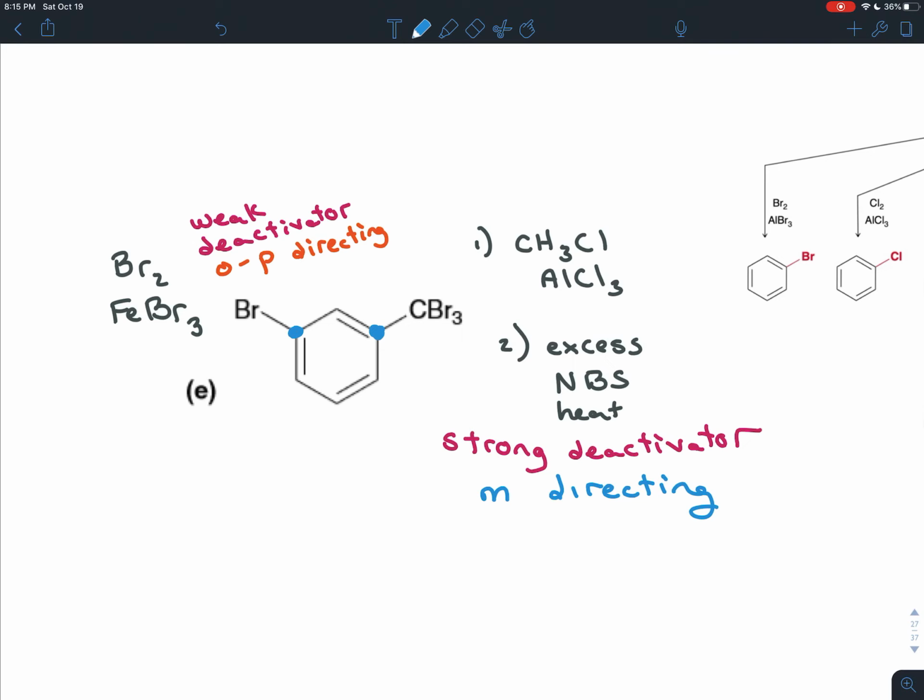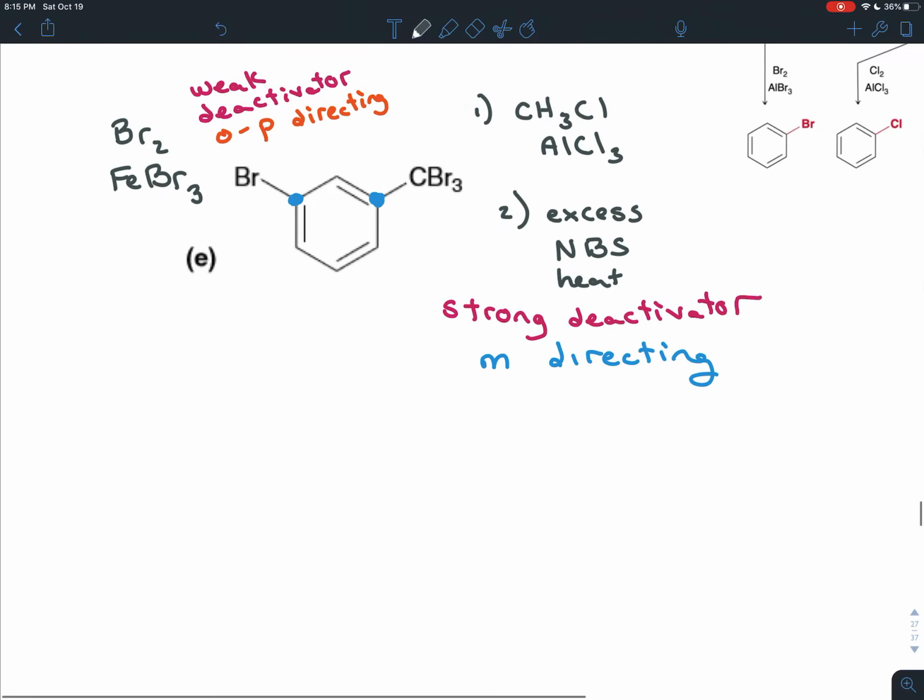So we have to do these reactions first, because that leaves us with a meta-directing branch. If we have that first, then the bromine will add meta. If we put the bromine on first, then this other branch would add ortho and para, which we don't want. So we have to add that CBr3 first.